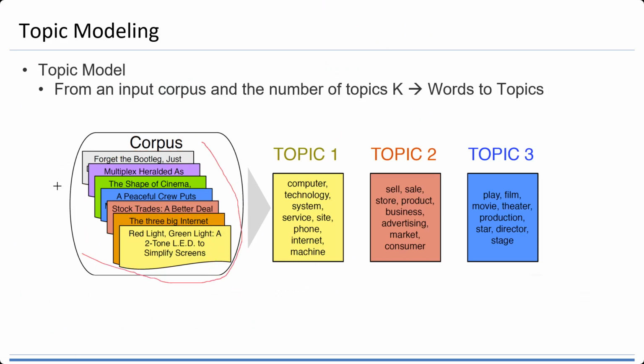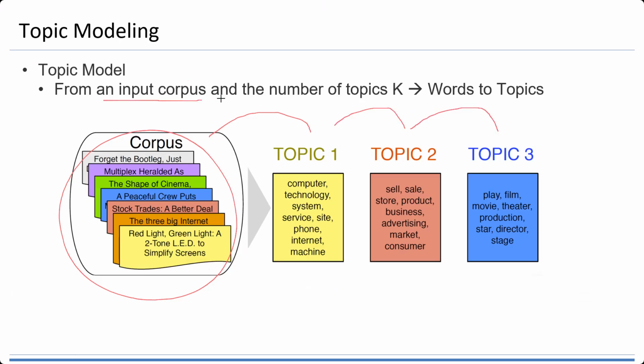If we have this corpus, let's suppose we want to make 3 different topics. So from an input corpus, let's determine the number of topics. If you learned in data mining, we have clustering. In clustering, we have one algorithm called k-means.